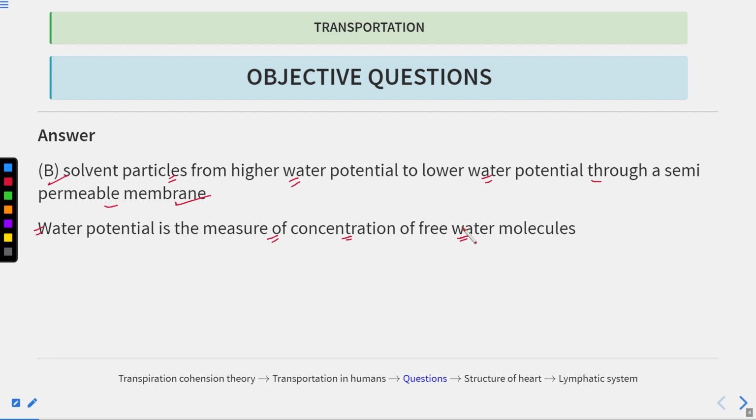So this is osmosis: movement of the solvent particles from a region of higher water potential, or higher concentration of water molecules, to a region of lower concentration of water molecules, from higher to lower.